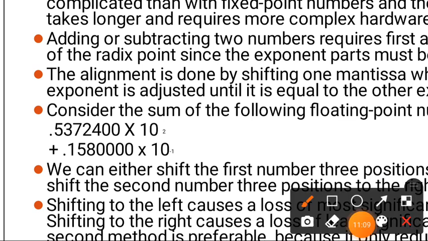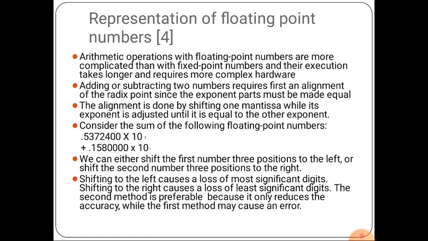One is 0.5372400 times 10 raised to 2, and the other is 0.15800 times 10 raised to minus 1. The first step is to align the radix point, that is, the exponent parts must be equal. Here one is 10 raised to 2, another is 10 raised to minus 1. So how can we make them equal?